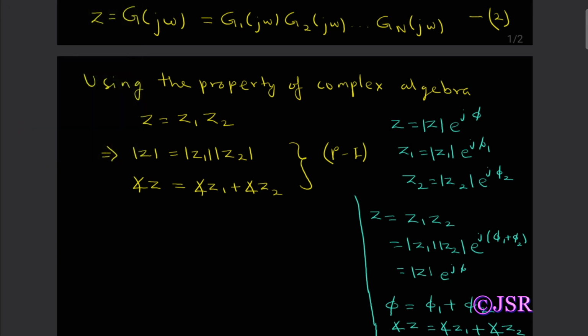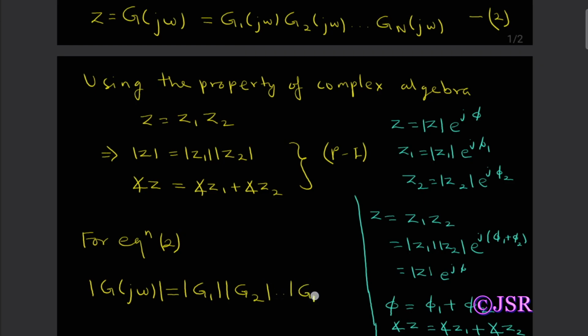So for equation number 2, using property P1, we will get the mod of G of j omega equal to the mod of G1 into the mod of G2 up to the mod of Gn.